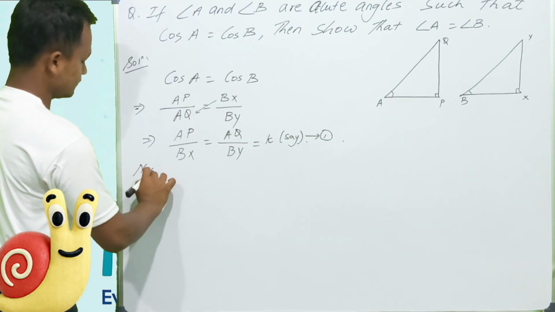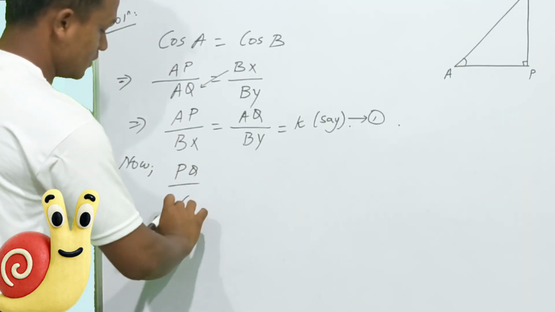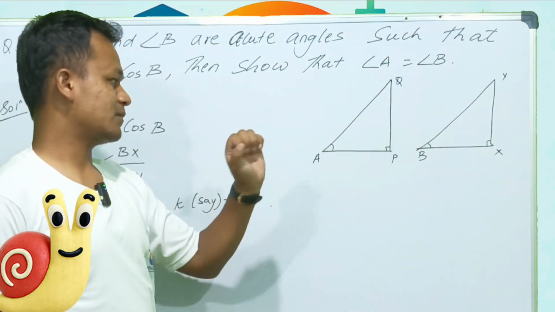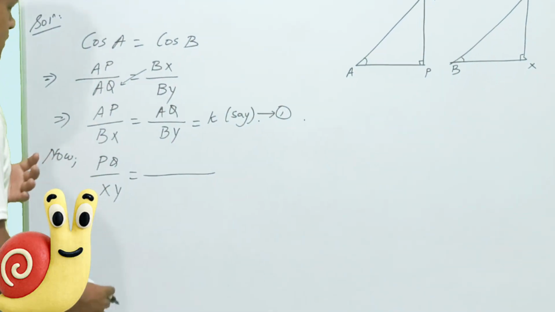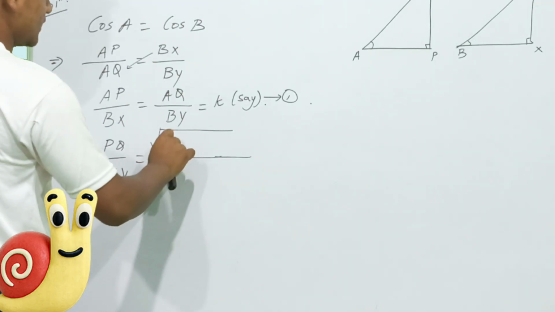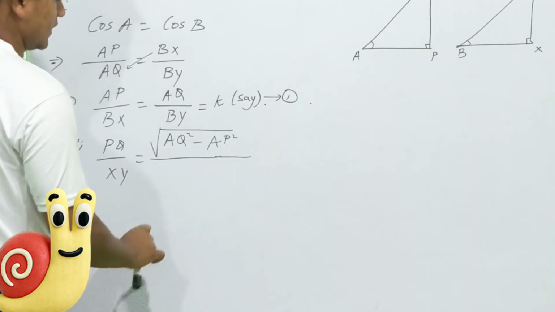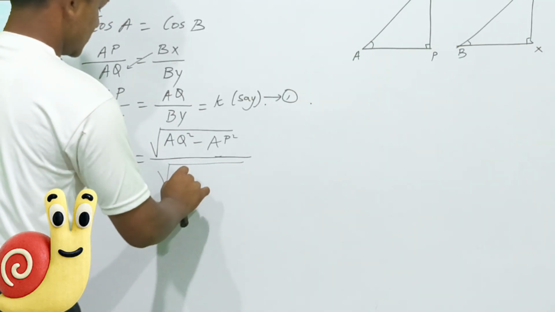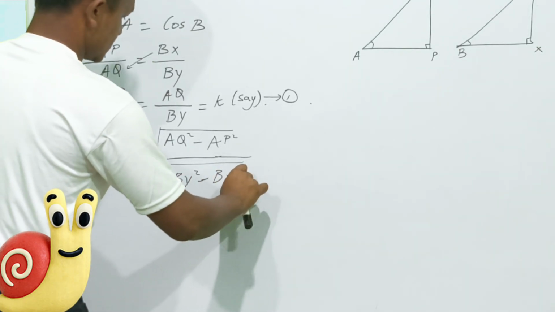Now, PQ by XY. If you apply Pythagoras theorem, then this PQ acts as the perpendicular, and similarly XY acts as the perpendicular. So we can write by Pythagoras theorem, PQ as the square root of AQ square minus AP square. And similarly, in the denominator, XY can be written as the square root of BY square minus BX square.